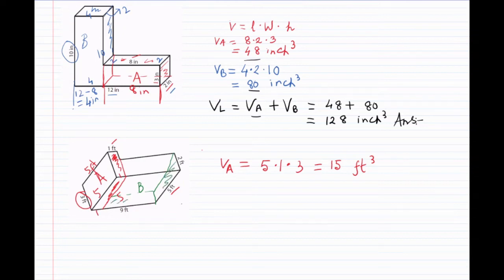So this is my prism B, and here I can see this total length is 9 feet, and this much is 1. So this much is going to be 9 minus 1 equals 8 feet.